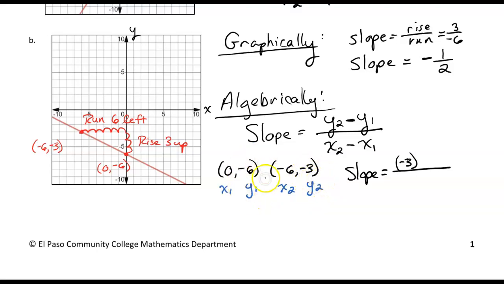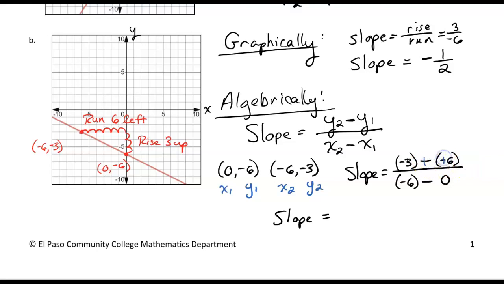So that's the y2 minus y1. So minus is the formula. The y value is negative, so it's going to be a double negative there. All right, let's go to the x's on the bottom. x2, that's negative 6, minus x1, we said was 0. So then I will have my slope. Let's check the top. Okay, we have negative 3 minus negative 6.